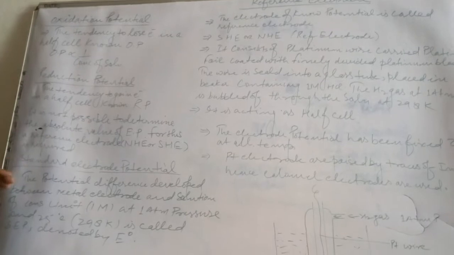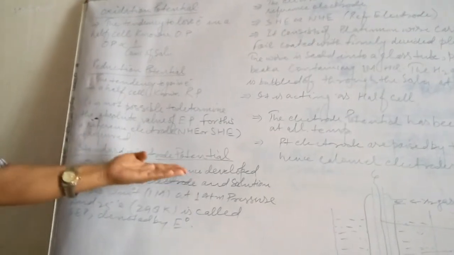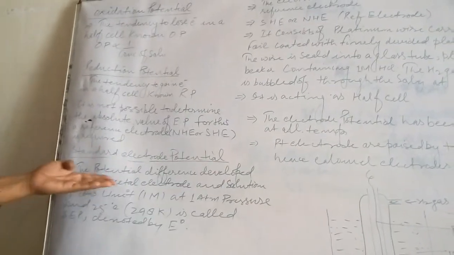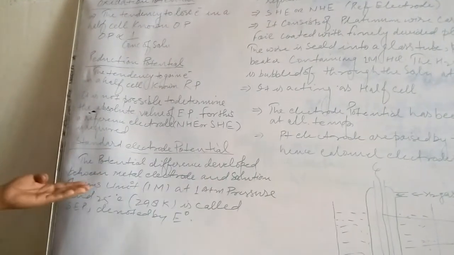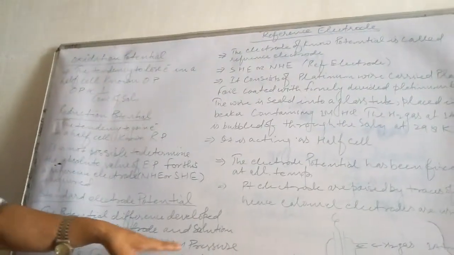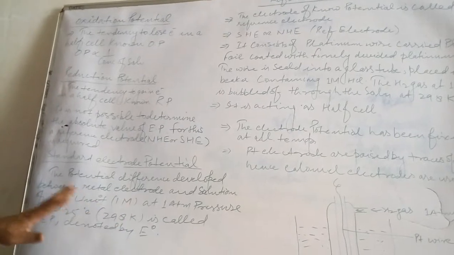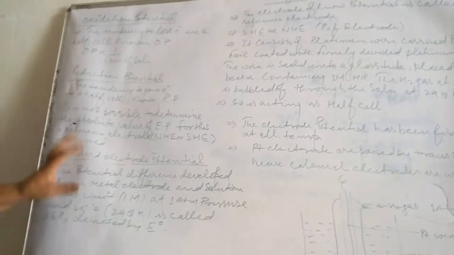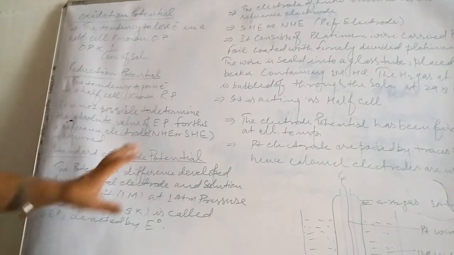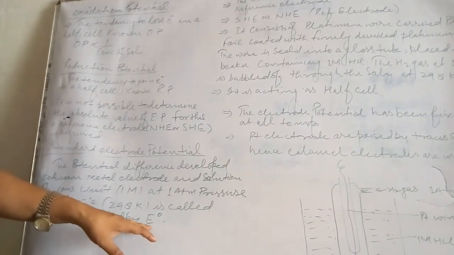If it is asked to define standard electrode potential, your answer should be: the potential difference developed between metal electrode and solution of ions with unit molarity at 1 atmospheric pressure and 25 degrees Celsius. It is called standard electrode potential, and it is denoted by capital E naught.